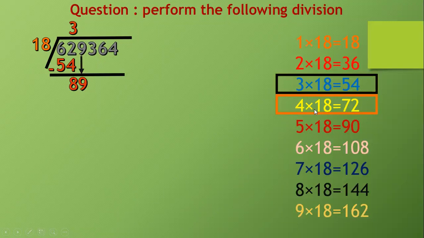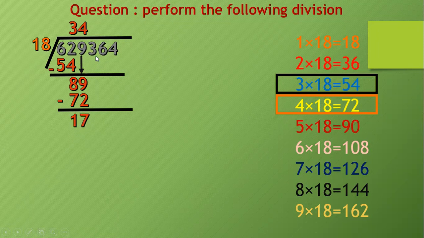Yes, 4 multiplied by 18 is equal to 72. And the 72 is smaller and nearest to 89. So we will write 4 in quotient and 72 here. Now subtract 72 from 89 and our answer is 17.